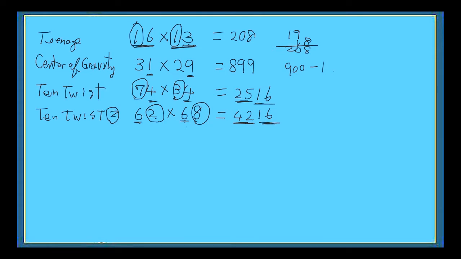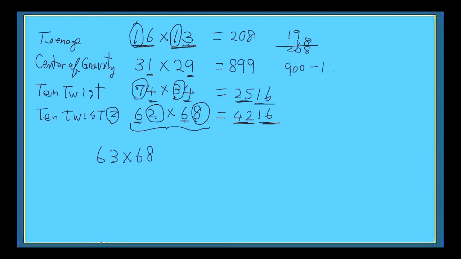Right? So if you practice, without much effort, you can do this calculation. Now, you may say, what if it's a case like this? For example, what if it's 63 times 68?